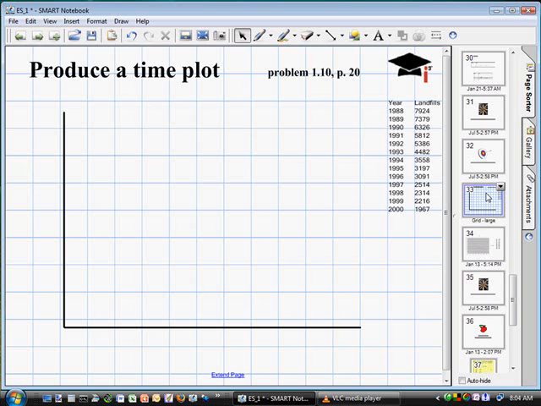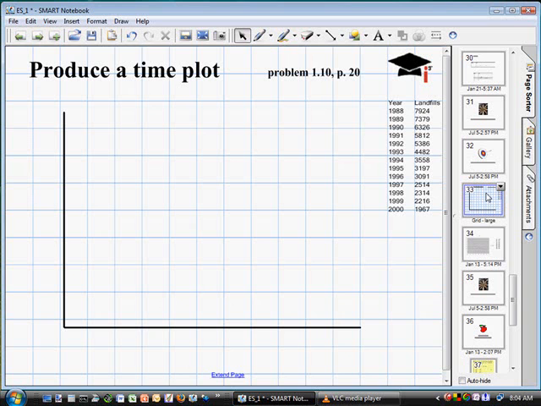For the first time, in all of Chapter 1, everything we've plotted has always been one variable. But with a time plot, we actually have two variables. So instead of just making bar graphs a certain height, now we've got two coordinates. We've got year, or however you're going to keep track of the time, usually by year, and then whatever it is you're watching will be on the y-axis.